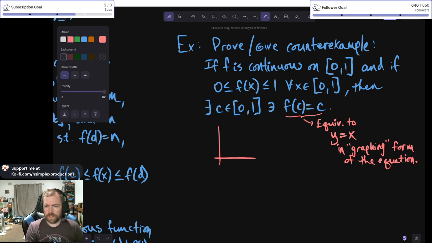Right, so if we then graph this, here's 1, and here's 1 as well, give or take. Close enough.